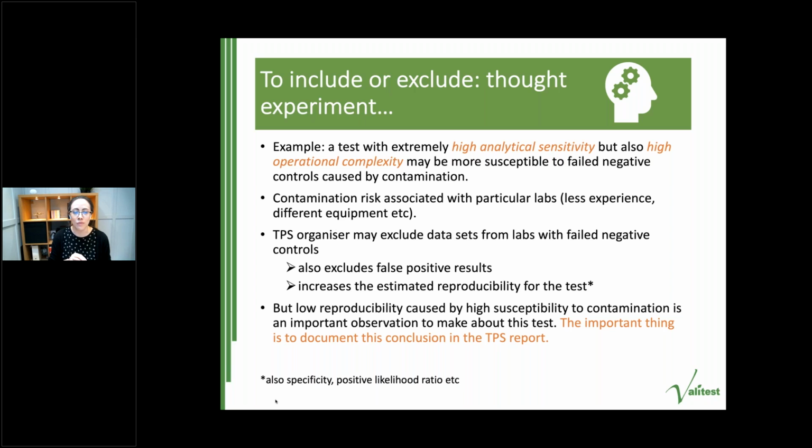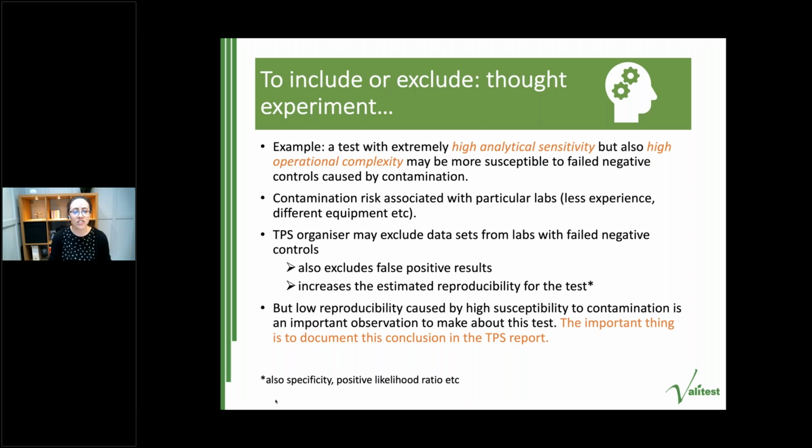So by excluding those data sets, we're missing the false positive results, and that means we're getting an inflated estimate of the reproducibility. But that a test has low reproducibility because it's very susceptible to contamination, that's a really important observation to make about that test.